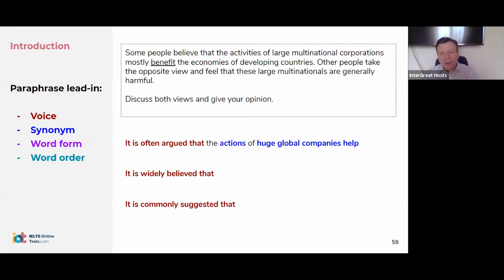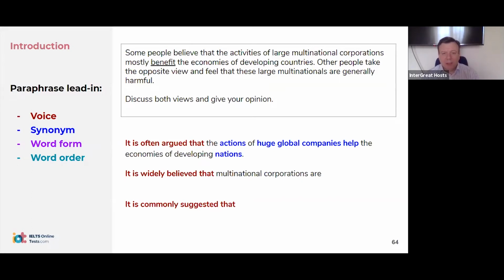So some of the words there that you've put up would work. Okay, good. Next one. Okay, the economies of developing. So think of a synonym for countries. Nations. Okay, good. Everyone's got that.